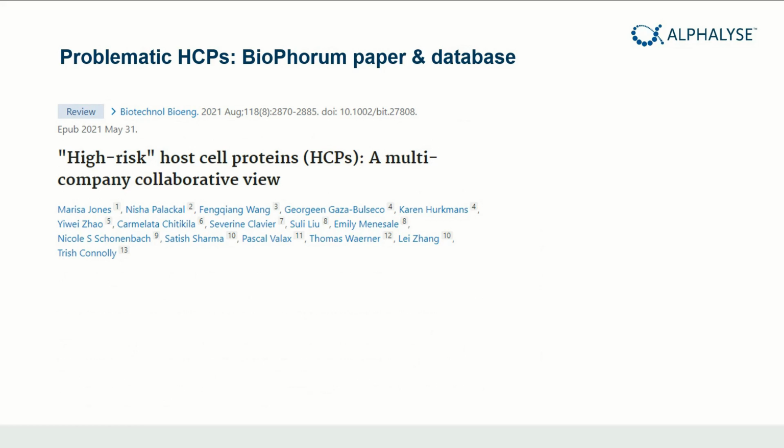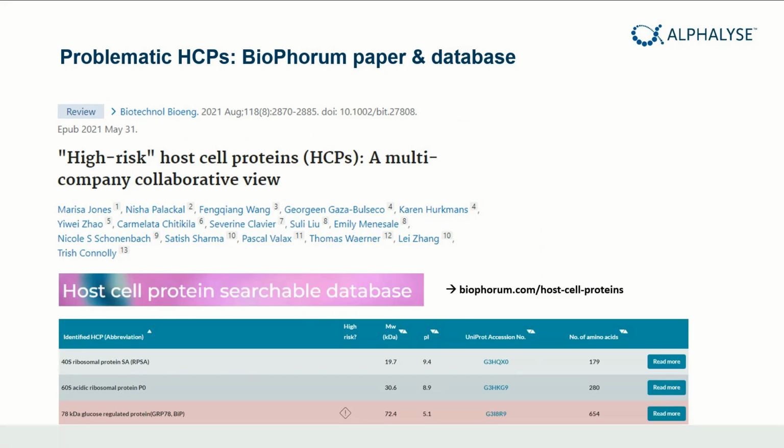In addition to the publication, they also have an online database where you can look up specific proteins and see if they are indicated as potentially problematic, and what properties they are suspected to have. This database is being continuously updated as more knowledge is collected about these proteins.